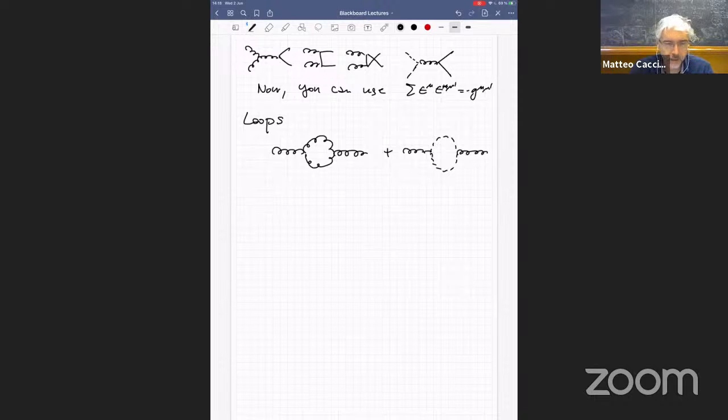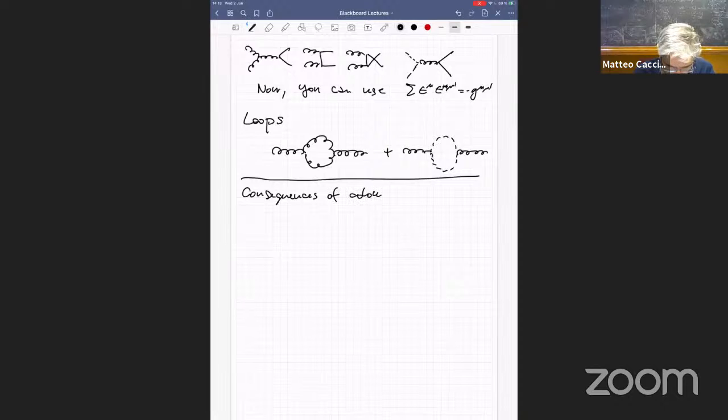Okay. So let's see the consequences of these three differences now, and let's start with the consequences of color. Actually, we'll essentially stick to the consequences of color because the ghosts, I've already told you what happens, and then you have to do the calculation.